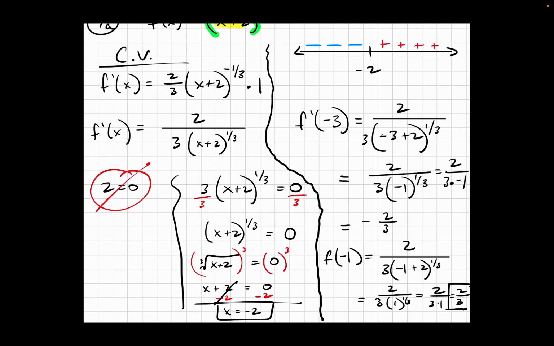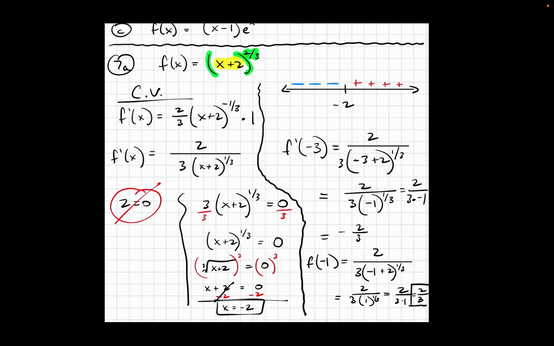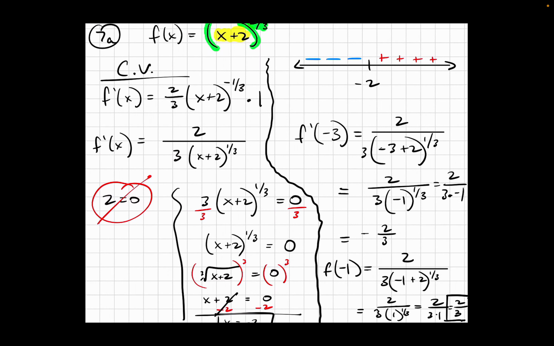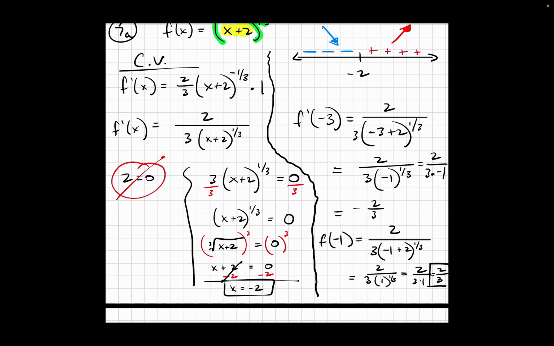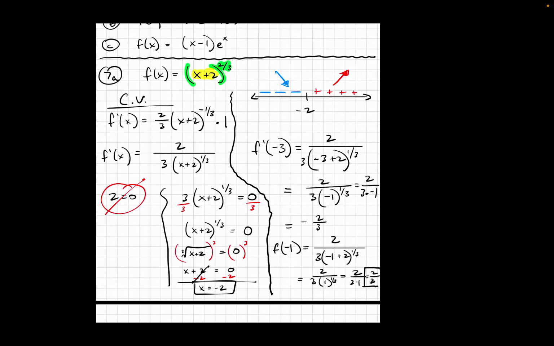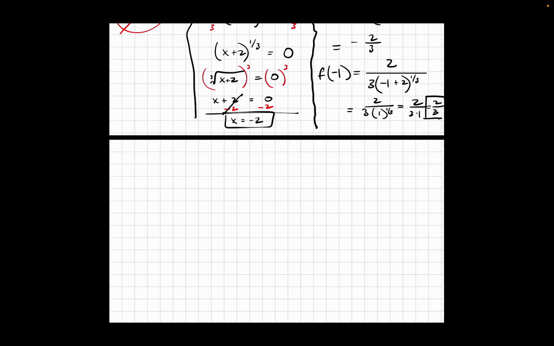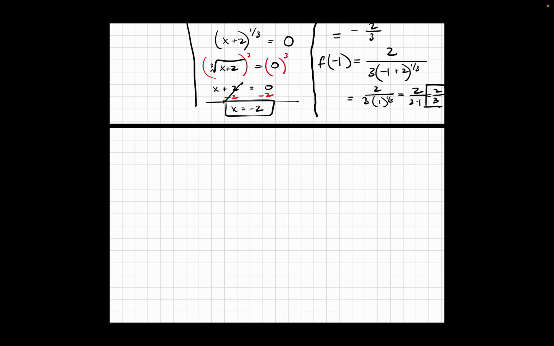Okay. Negative means decreasing. Positive means increasing. Okay. So they want us to say 2 things. They want us to tell where it is increasing and where it is decreasing.